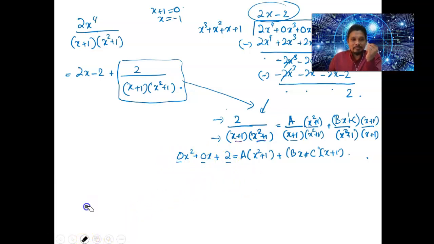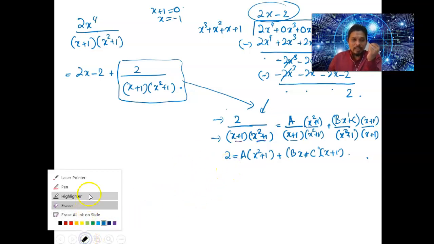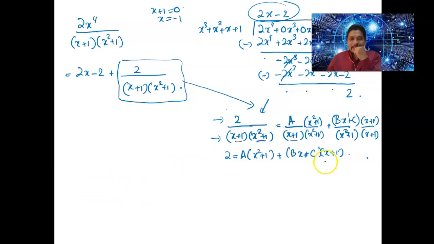Second method is, we simply substitute values of x, choosing values that make a whole term equal to 0. So for this one, let x equal -1. Why?